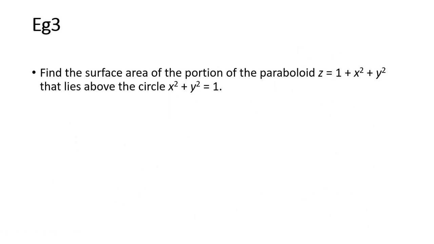Okay, the third one, we find the surface area of the portion of the paraboloid z equal to 1 plus x squared plus y squared that lies above the circle x squared plus y squared equal to 1.